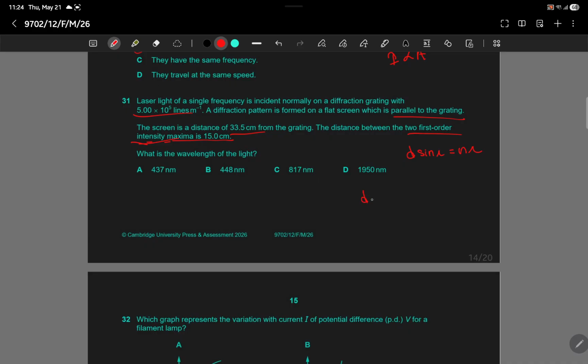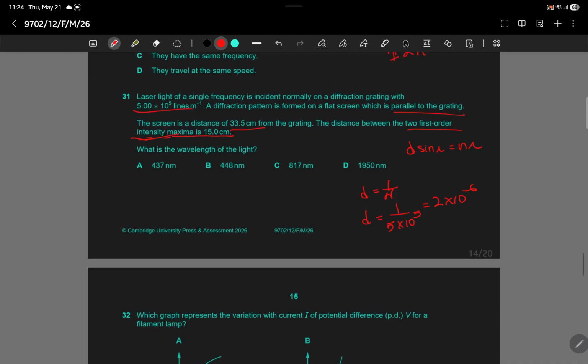Another formula is d equals 1 by n. So let's first find d. 1 by 5 into 10 to the power 5, so it's 2 into 10 to the power minus 6. So now we know d.